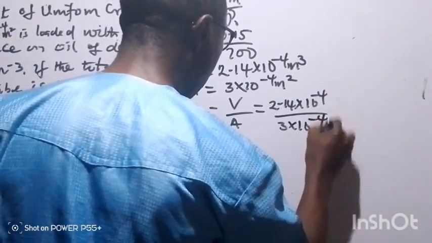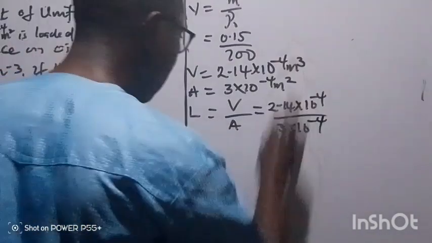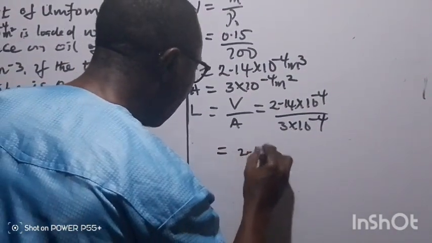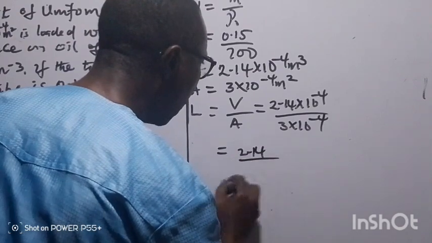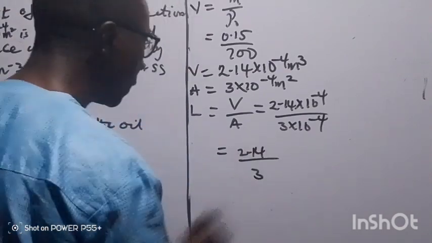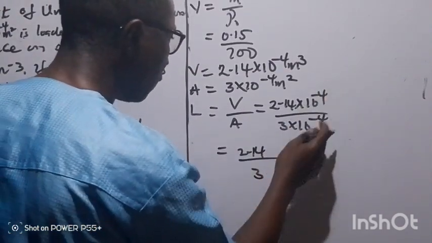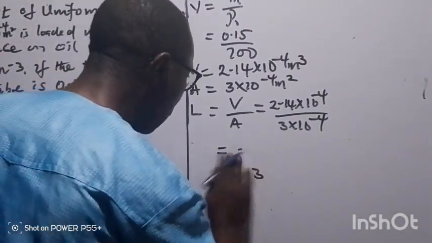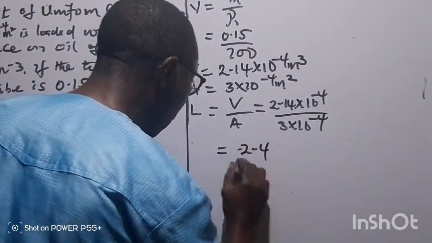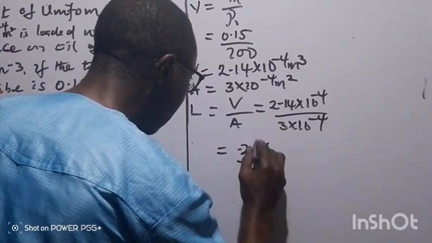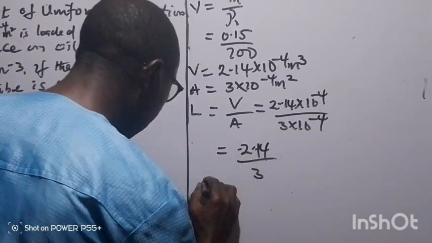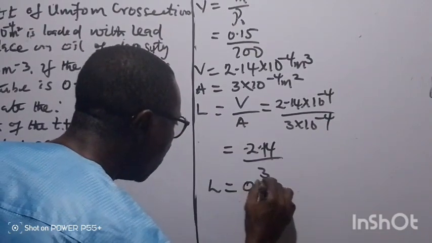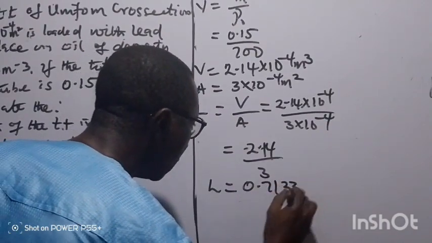Taking this one up, we are going to have 2.14 over 3. Minus 4 plus 4 will be equal to 0. So we are now left with 2.14 divided by 3. And length will be equal to, the answer will be 0.7133 and so on. That will be meter.